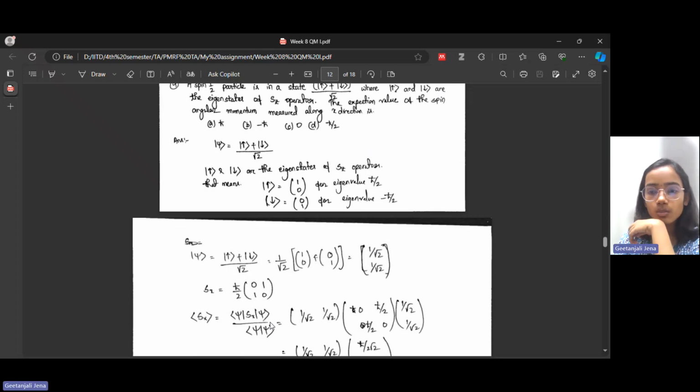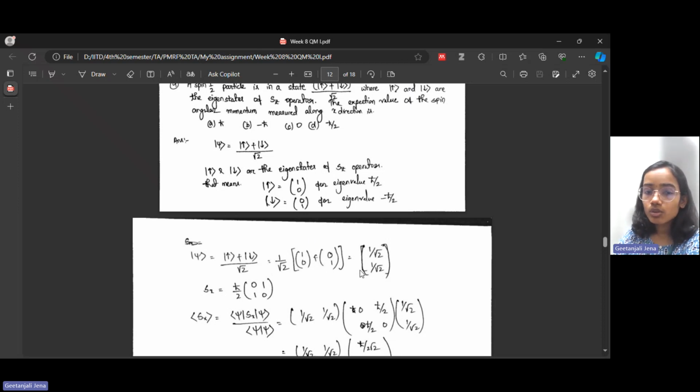Use the postulates of quantum mechanics: the expectation of Sx equals psi Sx psi divided by psi psi. Psi is normalized because the coefficients are 1 by root 2 and 1 by root 2, so the denominator will be 1. For the numerator, you have to put in the matrix elements of psi, Sx and psi.